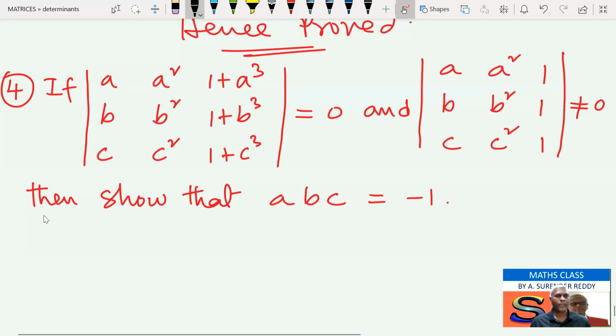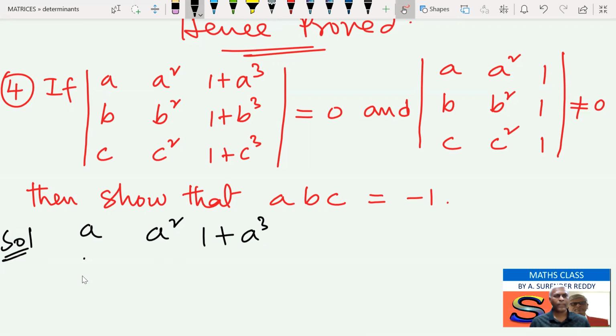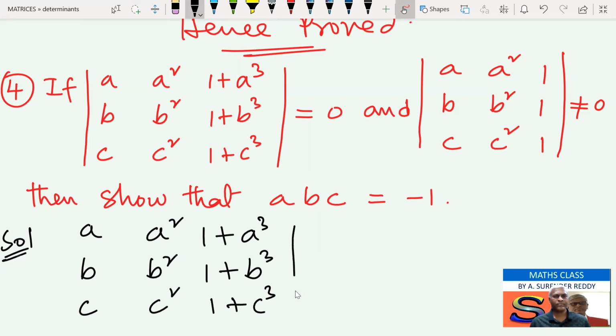Look at this. Taking the given condition, the determinant with rows A, A square, 1 plus A cube; B, B square, 1 plus B cube; C, C square, 1 plus C cube is equal to 0.